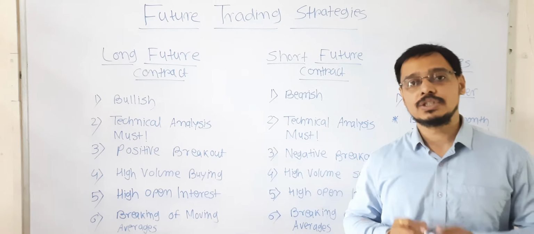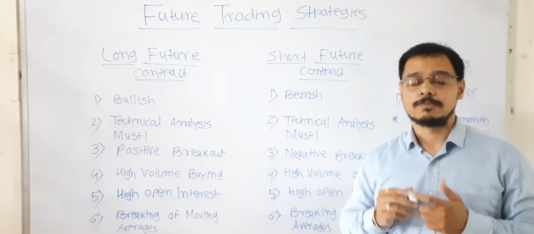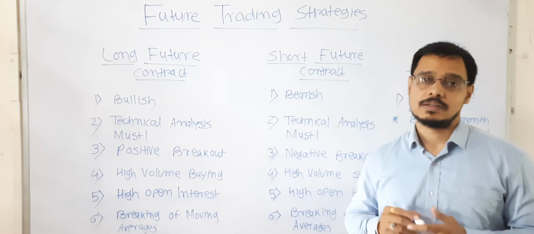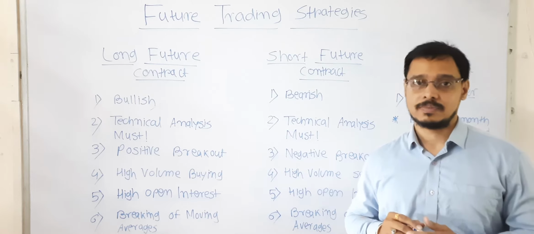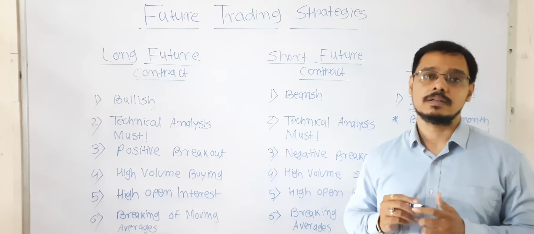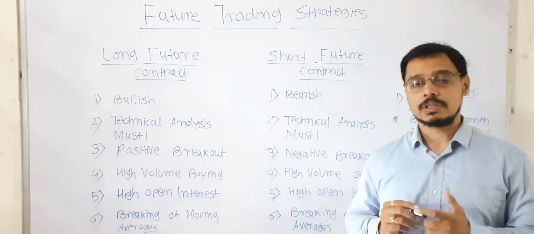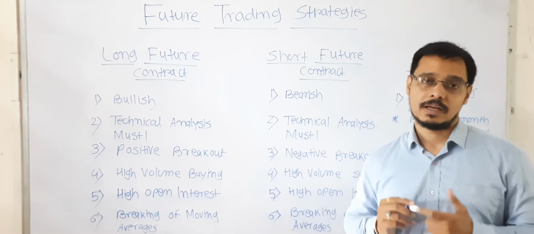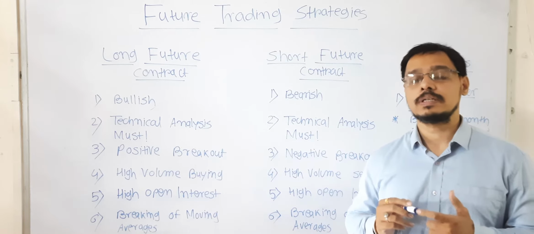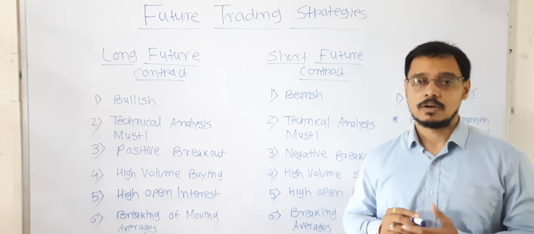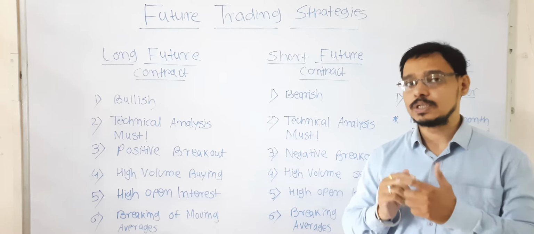asset. Imagine that you are seeing on the charts that a big green candle is getting formed with huge volume, and there is a positive breakout. All these things show the bullishness.